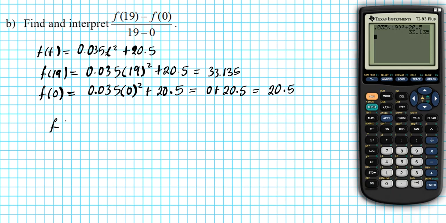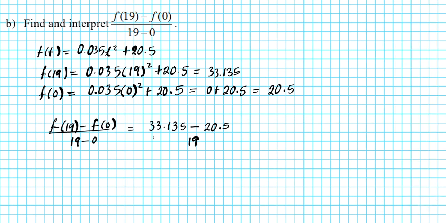So with these results, we can now compute what f of 19 minus f of 0 over 19 minus 0 is, which is f of 19 is 33.135 minus f of 0, which is 20.5, divided by 19. Now, if we plug that into our calculators, let's see what we get as our final result.